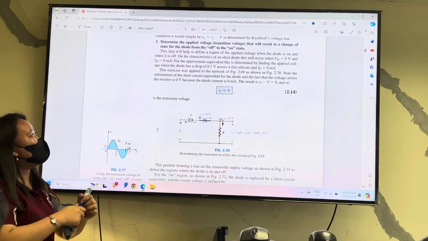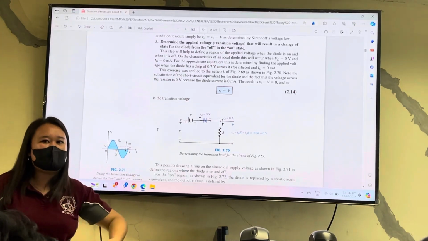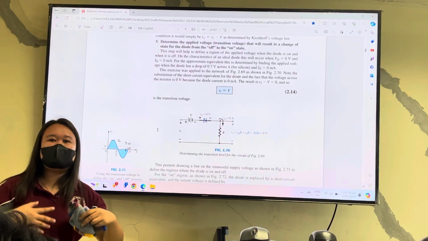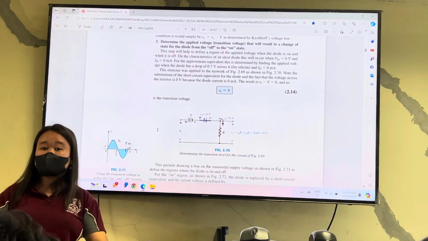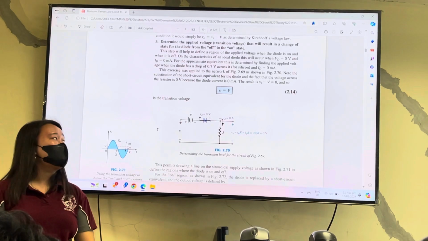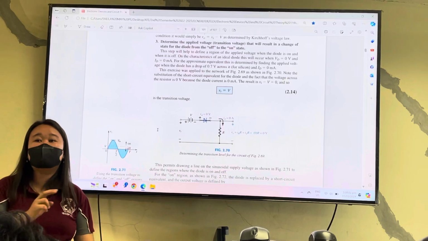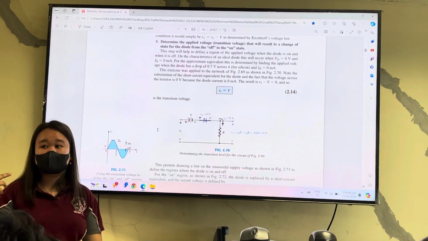Now, in getting the transition voltage, the diode is ideal. Since it is ideal, we reverse bias the diode. Since the diode is in reverse bias condition, therefore, there is no current. No current, no voltage output.